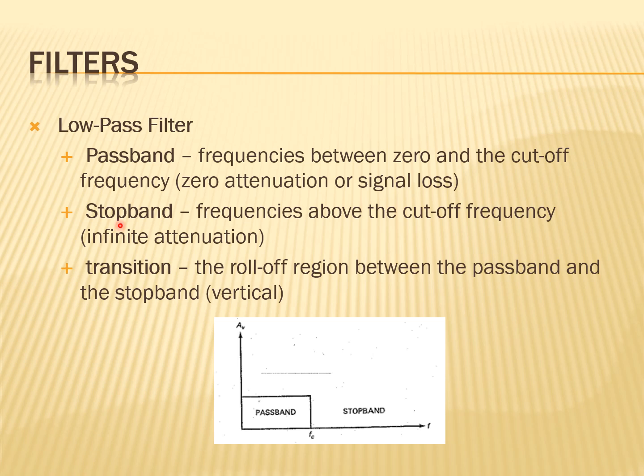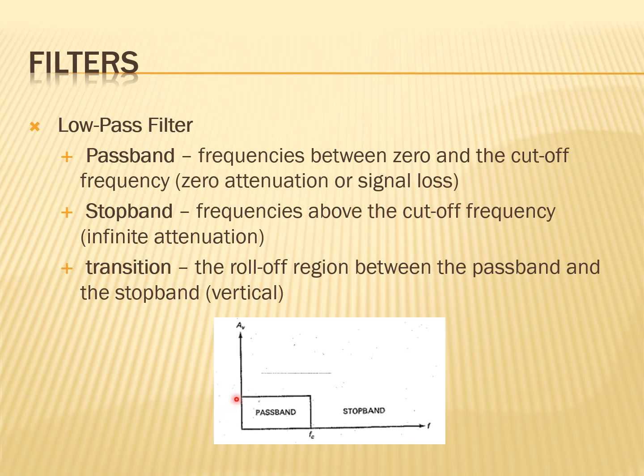Let us define several terms, which will also be used in the other types of filters. We have the pass band. For a low pass filter, this is our pass band. The pass band consists of the frequencies between 0 and a certain cutoff frequency. This is our cutoff frequency, meaning from 0 to the cutoff frequency, we have zero attenuation or no signal loss.